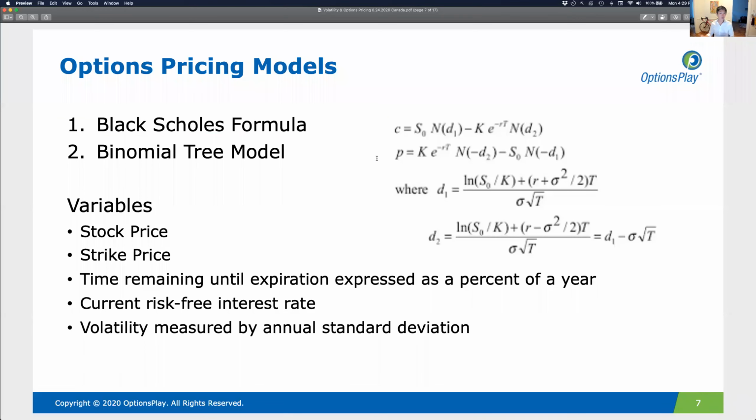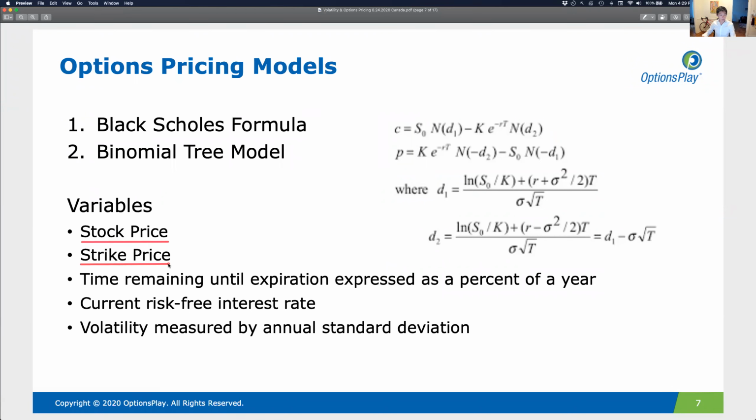The models originally were created to help you back out a call and a put price. But in reality, we already have a call and put price. The market tells us what a call and put is going to be trading at. So what we want to explore a little bit is how option pricing works and how we derive that implied volatility. If you think about an option pricing model, traditionally what we input is a stock price, meaning the current price of the stock.